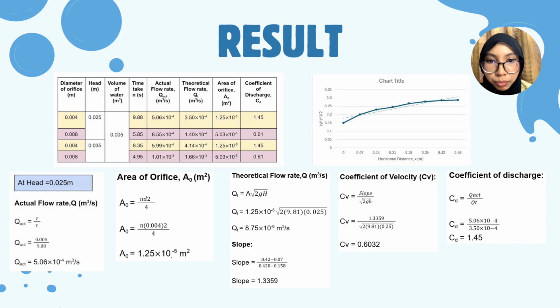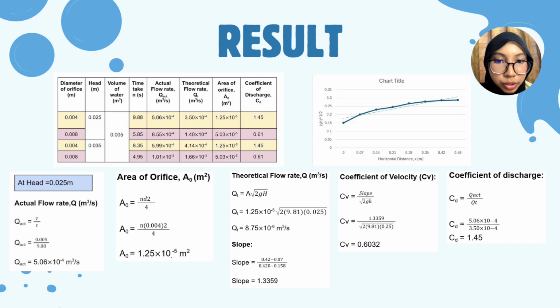So before we search for the theoretical flow rate, we need to find the area of the orifice. So we use area equals pi d squared over 4. And then we get 1.25 multiplied by 10 to the power of negative 5.